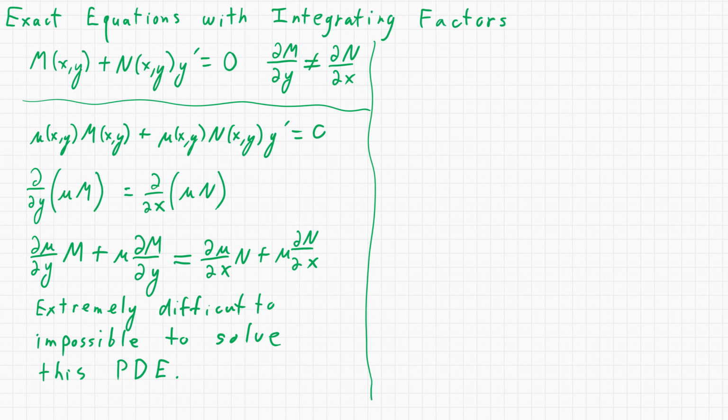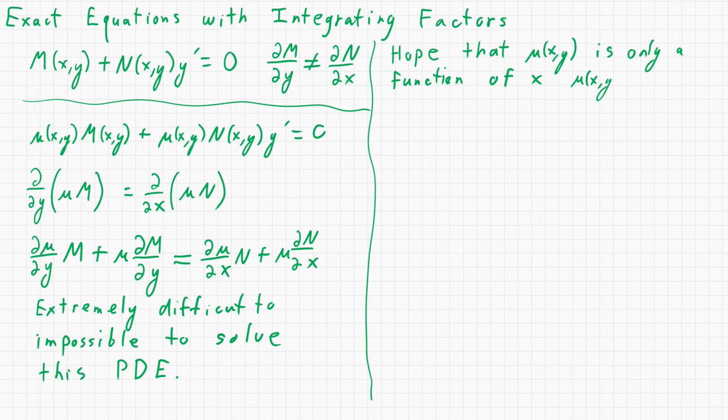We're going to hope that mu of x comma y is only a function of x, meaning that mu of x comma y is really just mu of x. We can drop the y.